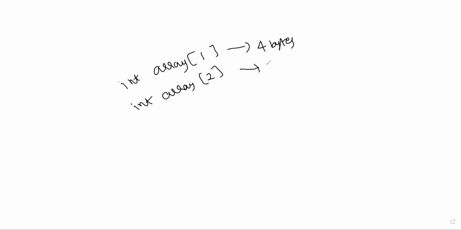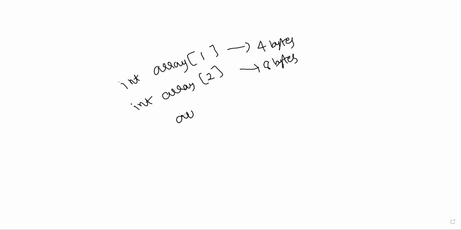If it is an array and if it is int, so if it is 1, it is going to take 4 bytes because it stores only one integer value. If the same array is initialized with 2 integers, then it is going to take 8 bytes of memory.